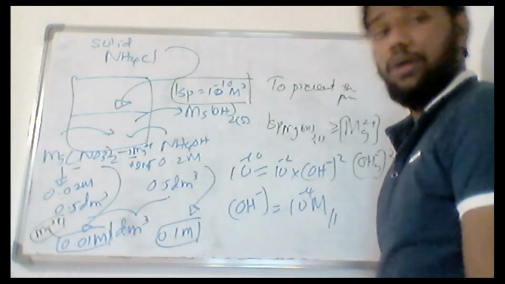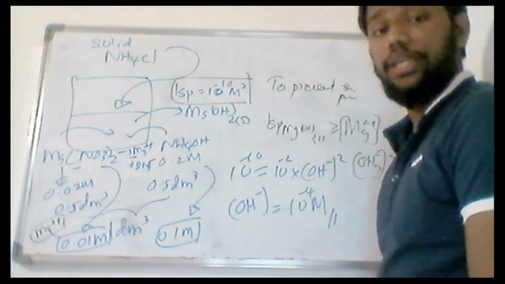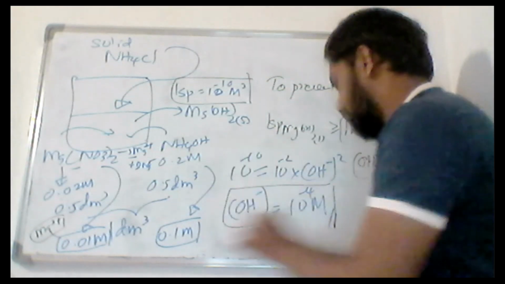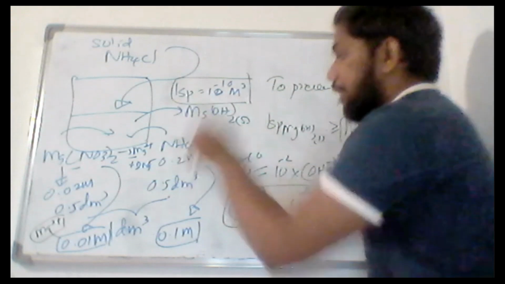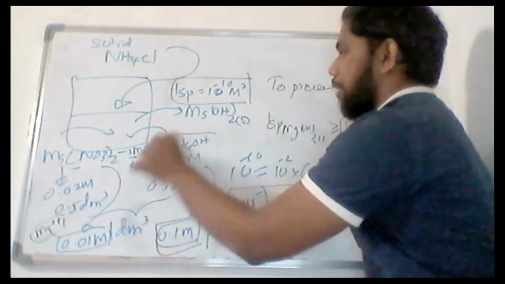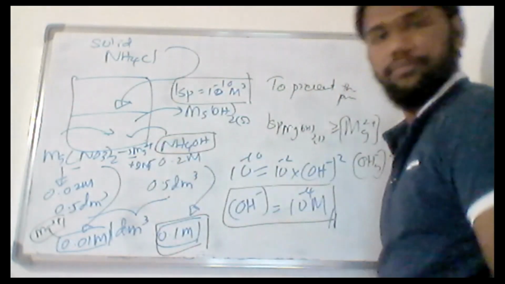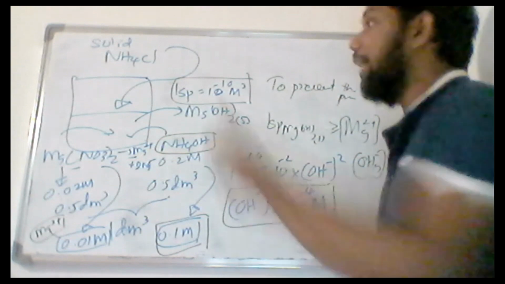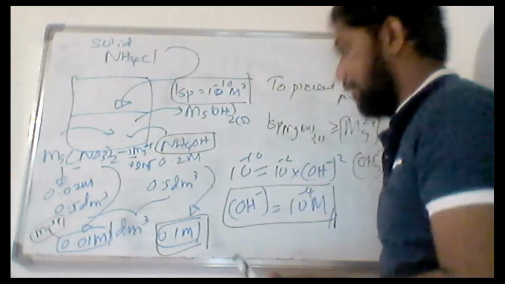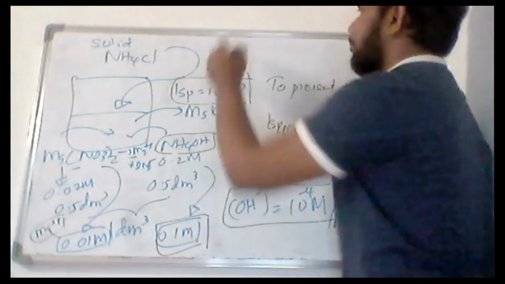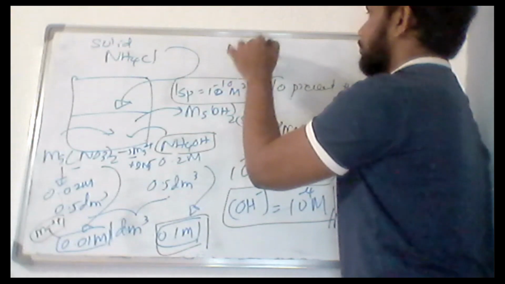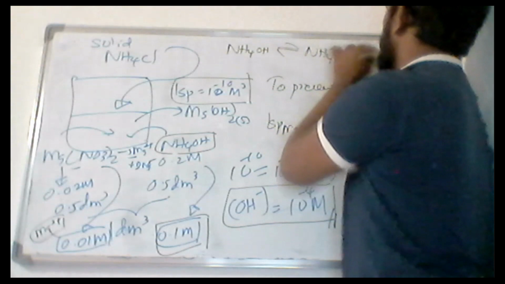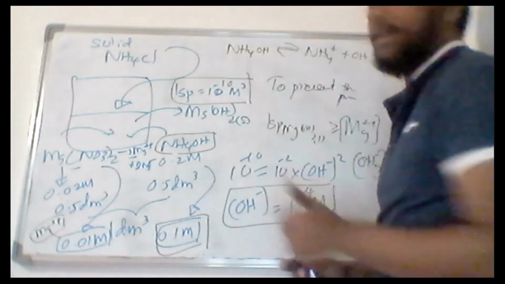Right. Now, in order to get this OH minus concentration from this 0.1 M ammonium hydroxide, you need to calculate what the NH4 plus concentration is in this equilibrium, because this is the equilibrium that we have.